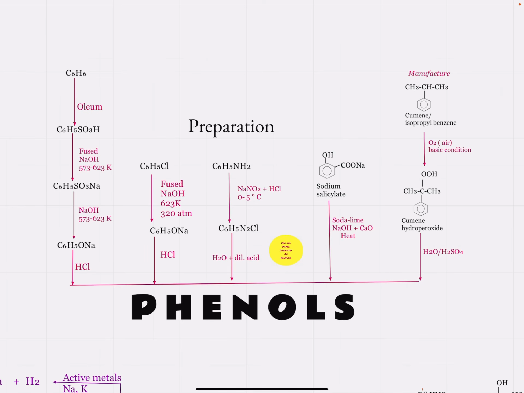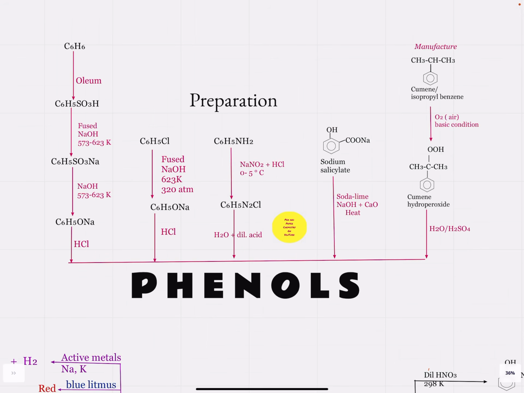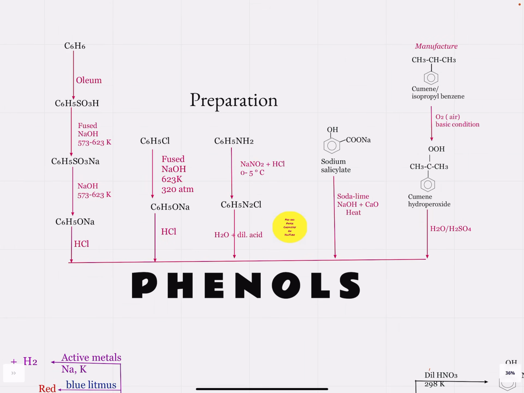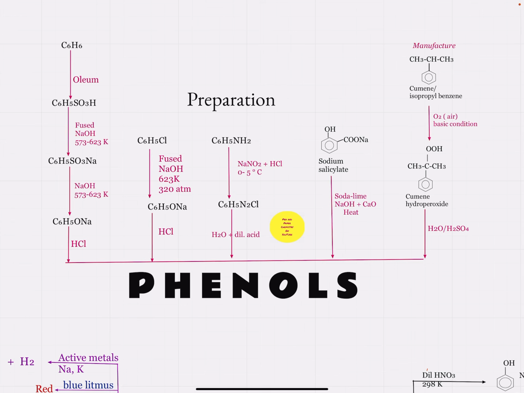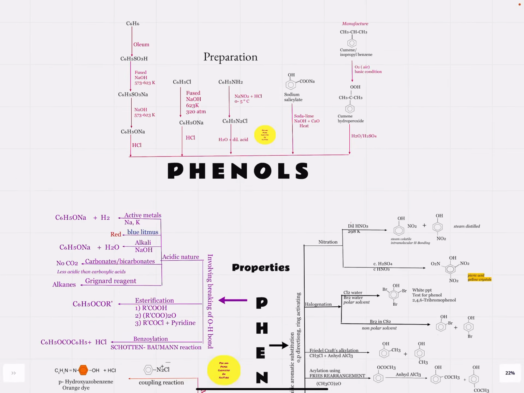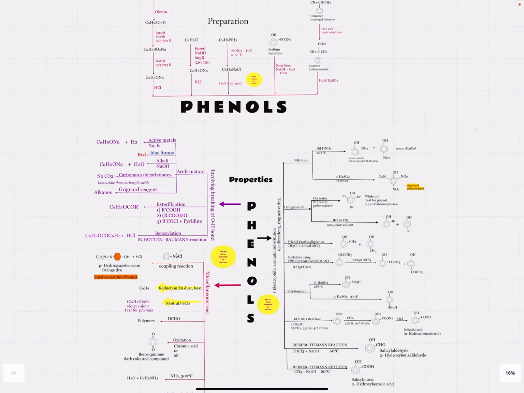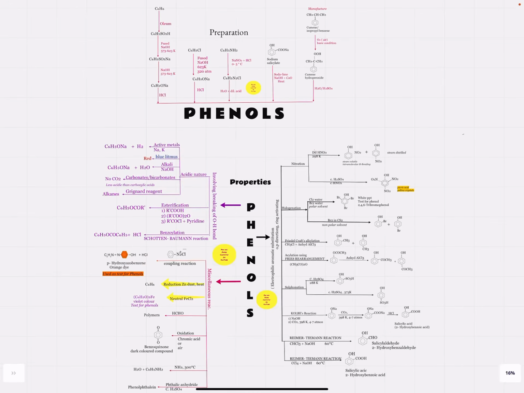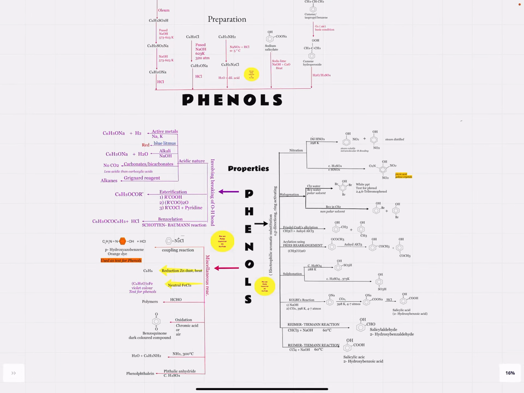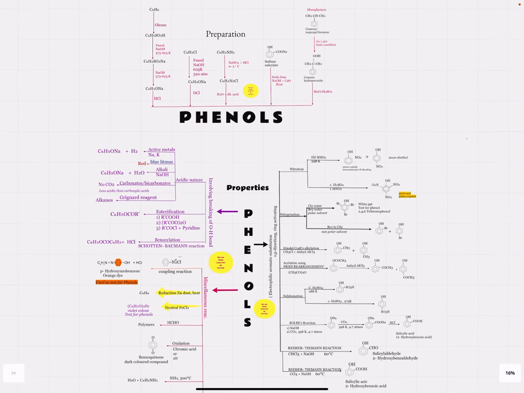So what I've done is, as you can see, I've tried to make a flow chart, or you can call them a mind map, a line diagram or something like that. So these flowcharts give you a bird's eye view of the entire topic of phenols on one page.